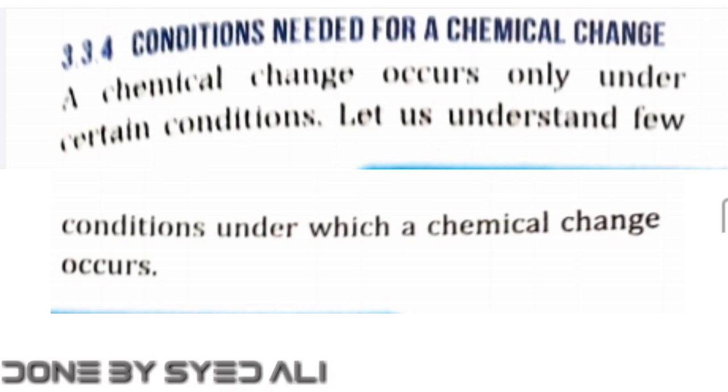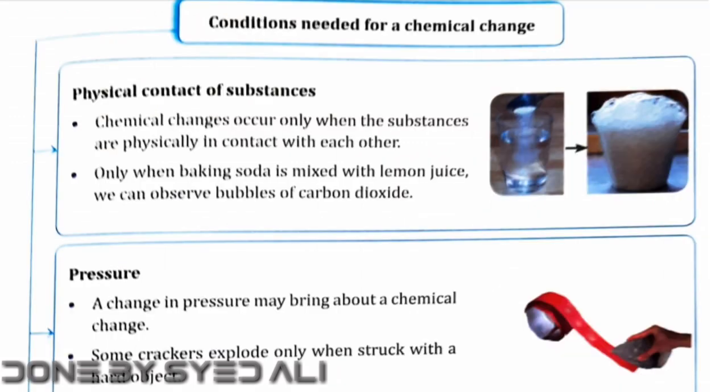The next, conditions needed for a chemical change. A chemical change occurs only under certain conditions. Let us understand a few conditions under which a chemical change occurs. The first one is sodium bicarbonate treated with citric acid which produces gas, that is CO2.